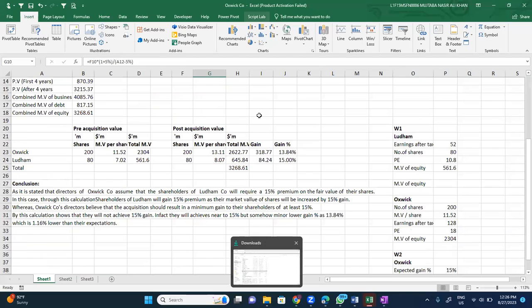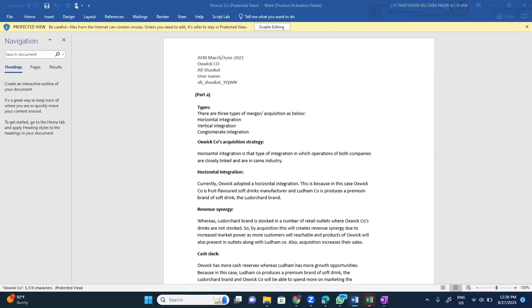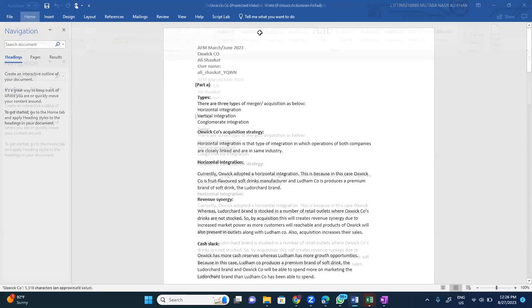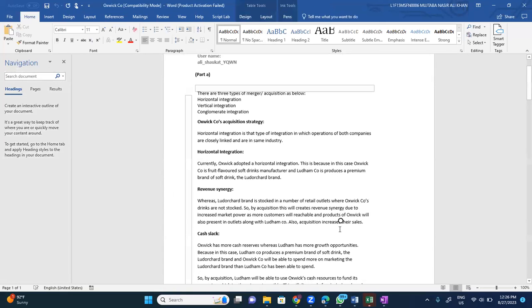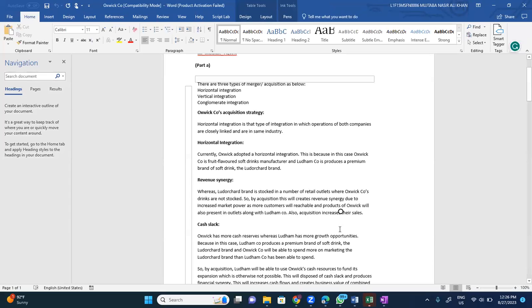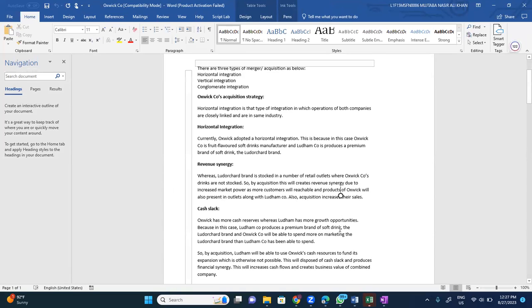I think the same student has done the part A. There are 3 types of merger and acquisition: horizontal, vertical, conglomerate. Oxwick strategy: the operations of both companies are closely linked, same industry.